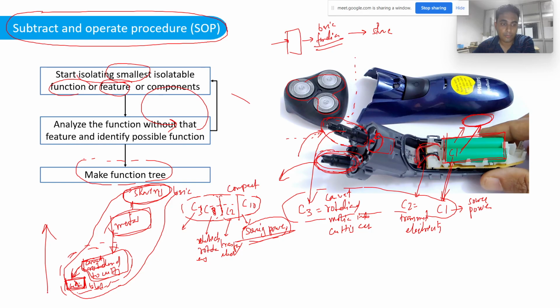After analyzing all the features in detail, you create this tree from bottom to top. So am I clear? Any doubt? Yes, sir. Clear.